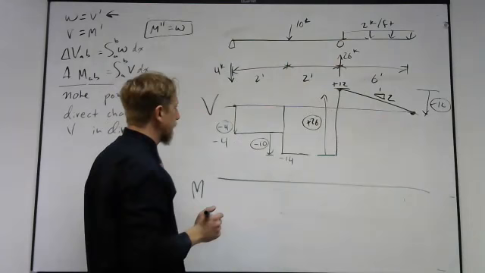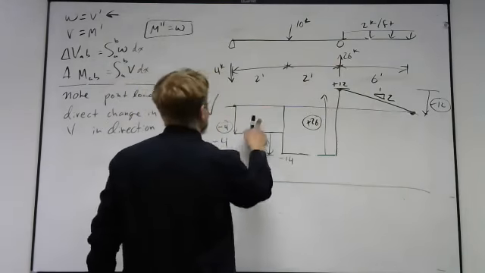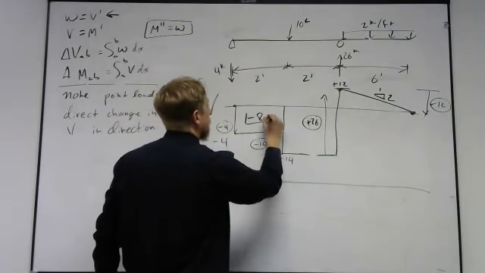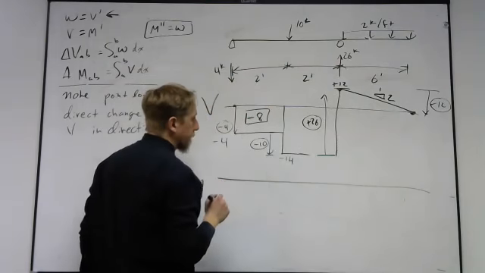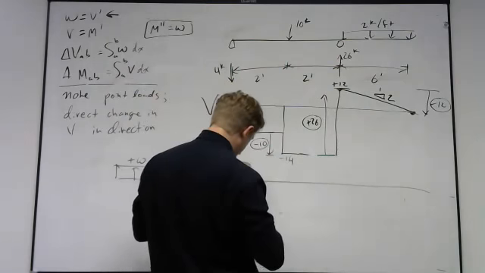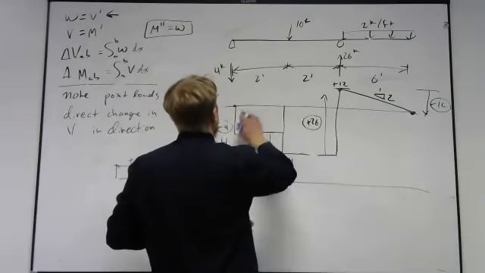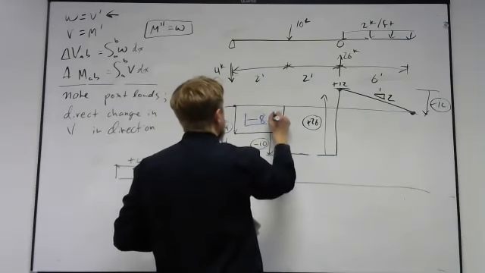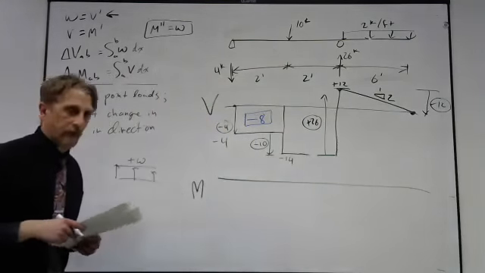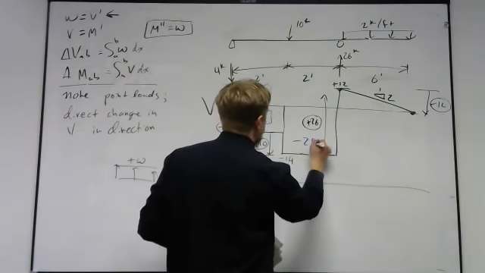Okay, so what are the areas? This is -4 times 2 minus 8. Maybe use a different color. Getting a little messy here. So this area is -8. I'm putting these in boxes. This area is -14 times 2 minus 28.